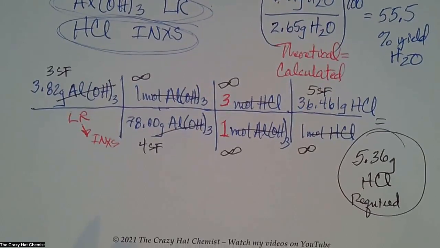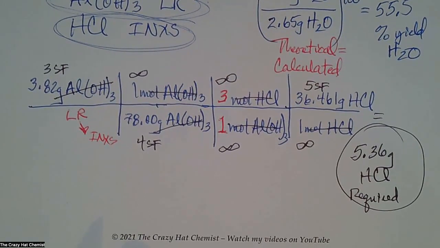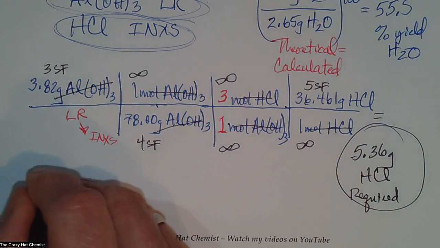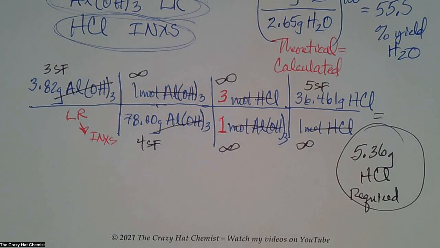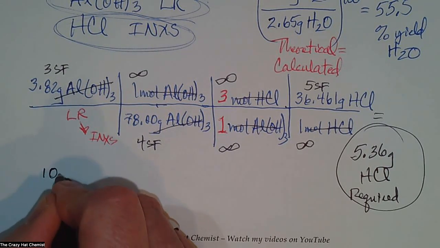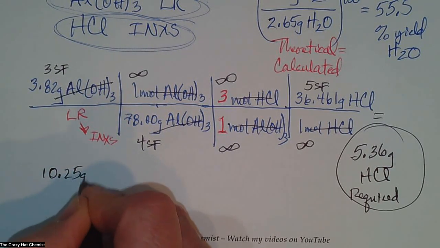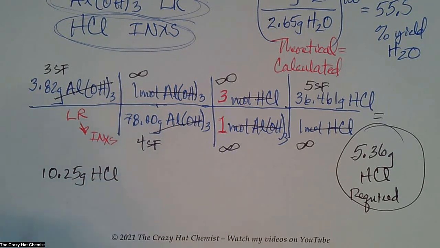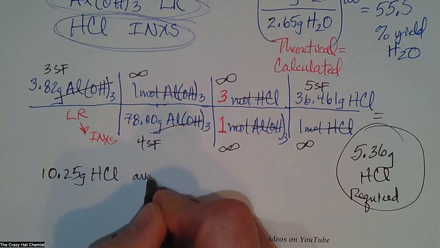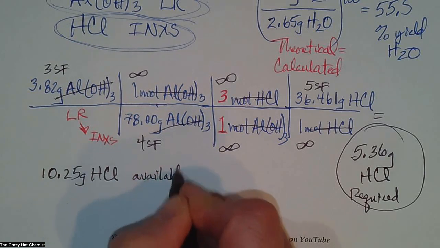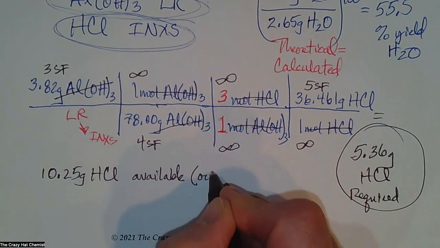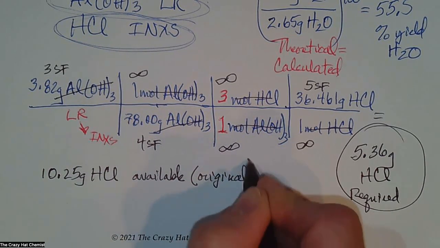So in order to figure out how much is unused, what we're going to do is take the original amount of HCl. So the original amount of HCl is 10.25 grams of HCl. Okay, this is the amount that's available. Original, if you will.